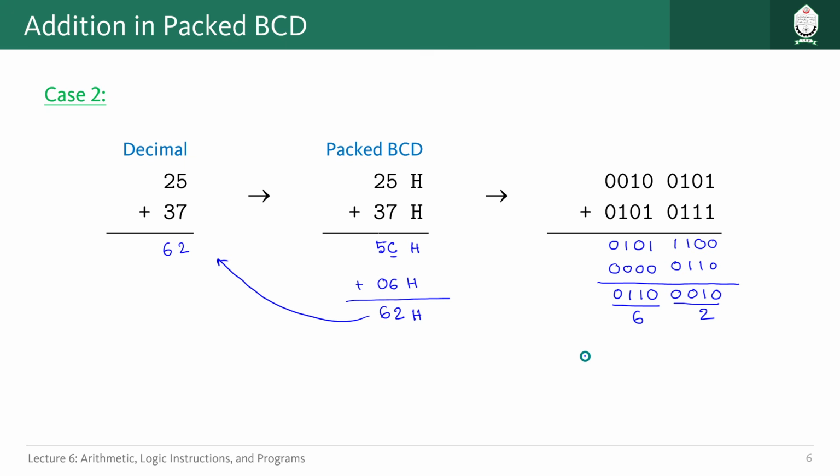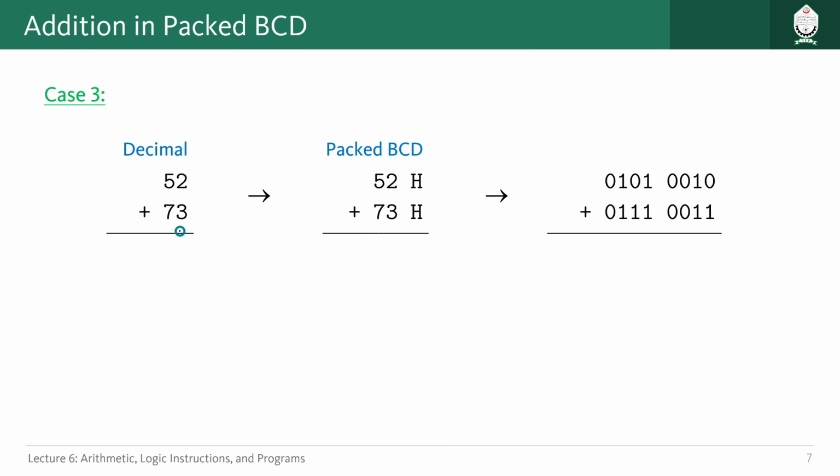Now let us look at another case. In this case we are going to add these two values, so 58 plus 67 is equal to 125. So 125 is the result. We are representing that in its packed BCD form and then converting that to binary.